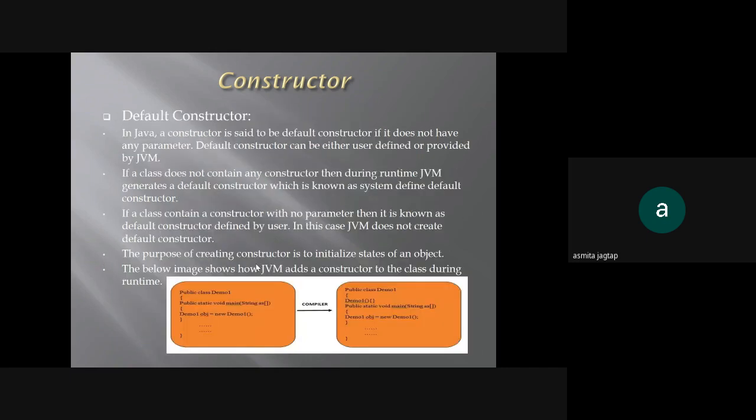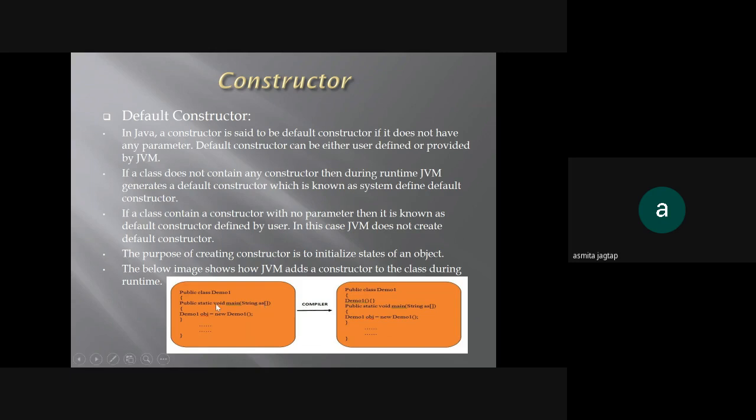There are two types: default constructor, and explicitly written or parameterized constructor. Default constructor means when you don't write anything in your code and you create the object, at that time the JVM creates the default constructor for you.